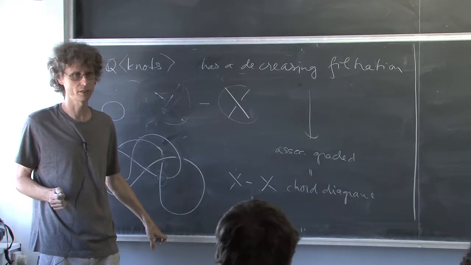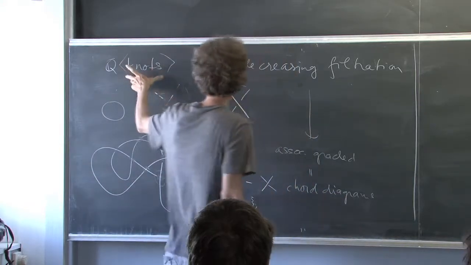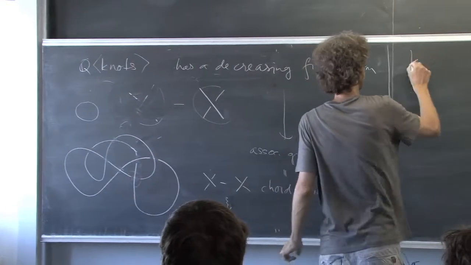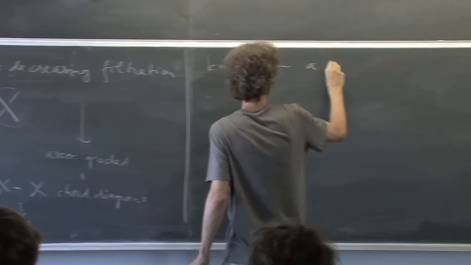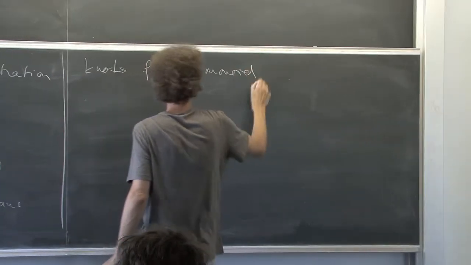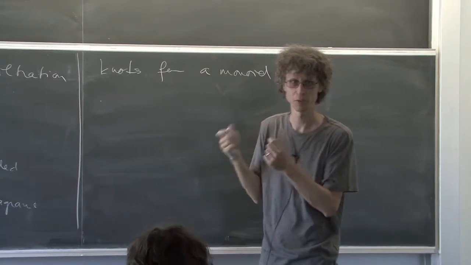Maybe one useful thing is that this set of knots, or just knots, form a monoid. So one can multiply knots, or there is this connected sum, which is the product.